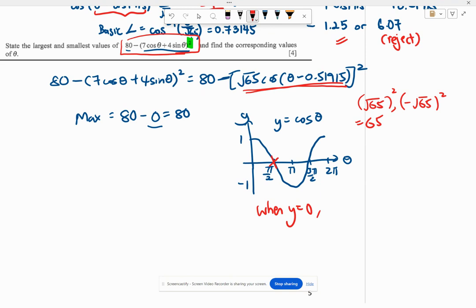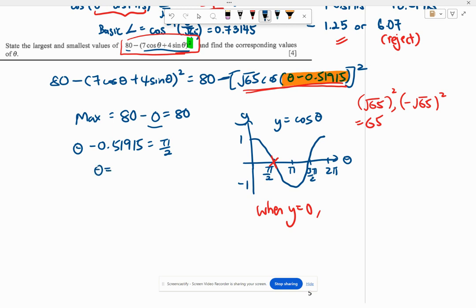So I will have to do this one, highlight in orange, theta minus 0.51915 is equals to pi over 2. Okay, as we said earlier, we look at the cross over here.